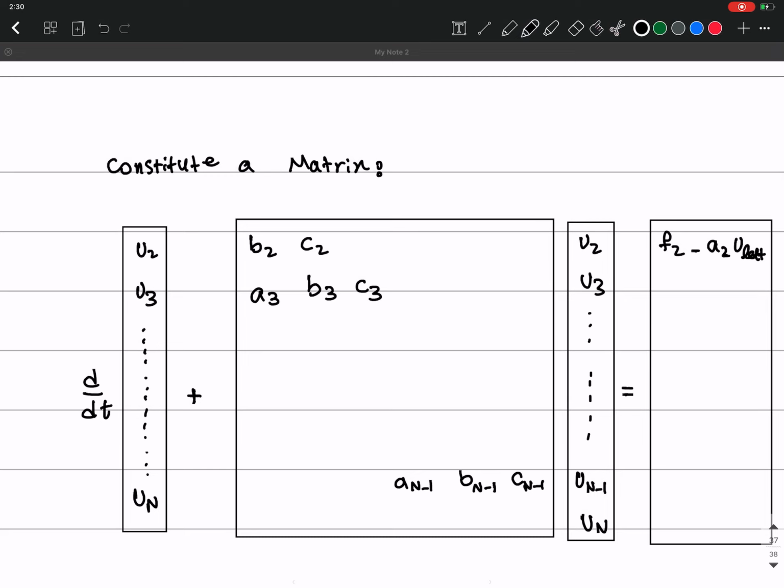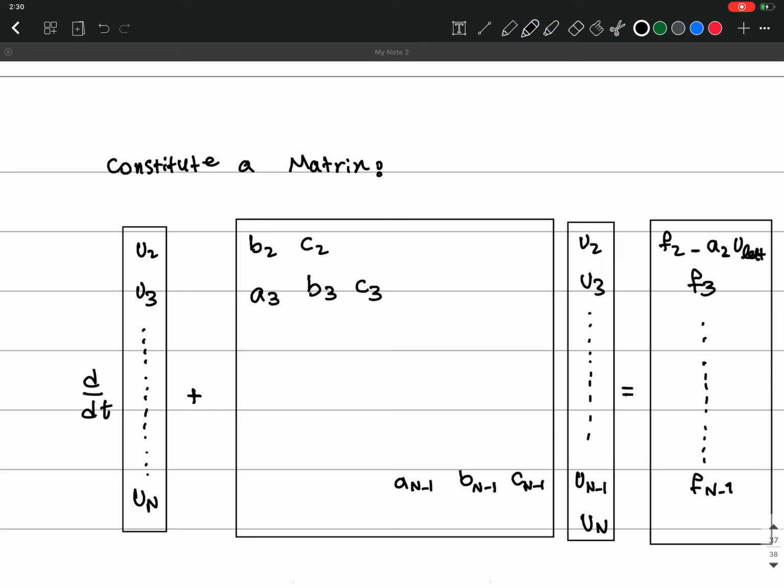And this equals f3 here, and fn here, and the same thing up to fn minus 1.